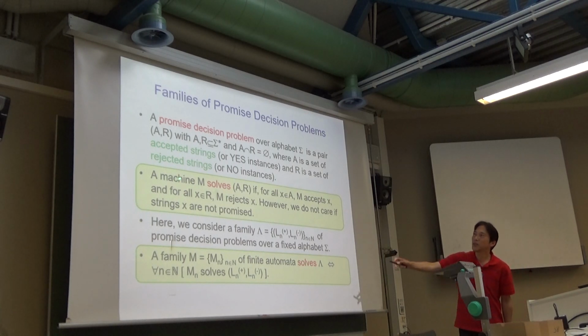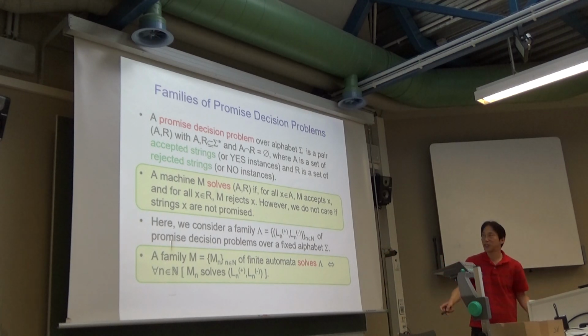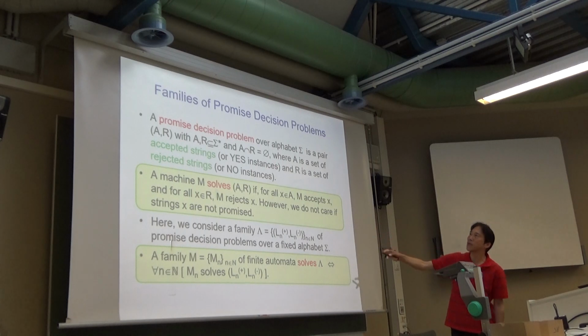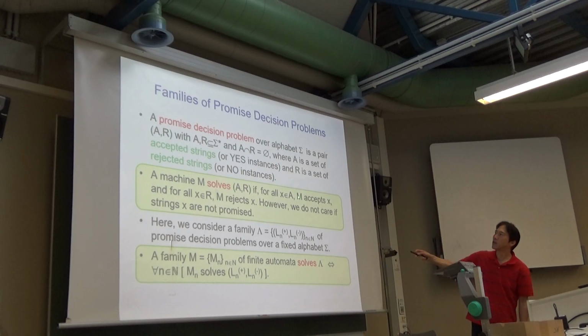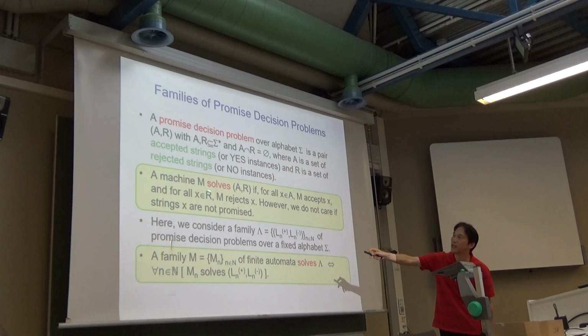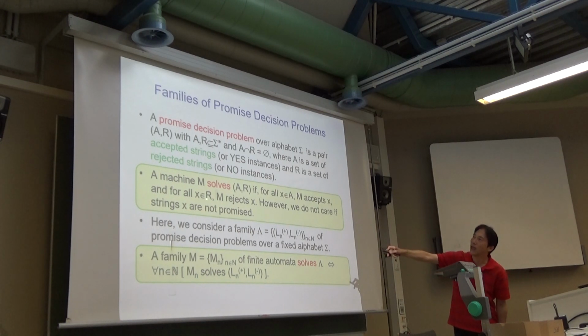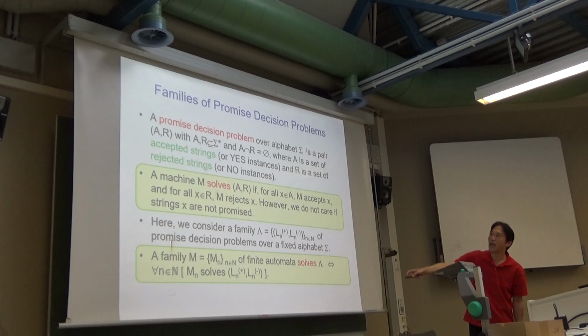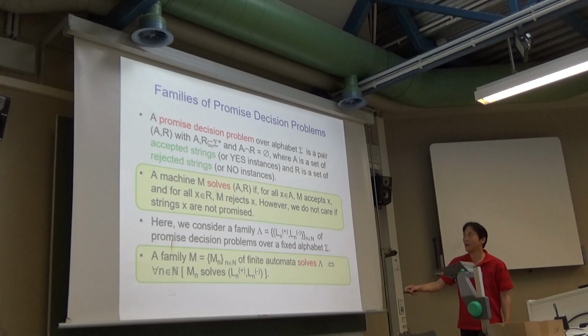So the machine, a single machine N, is said to solve this promise problem if all elements in A, that means all yes instances, have to be accepted by N. And all instances in R, that means no instances, have to be rejected by N. But we don't care about the other instances.